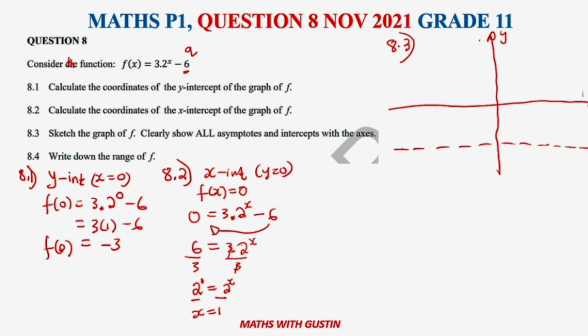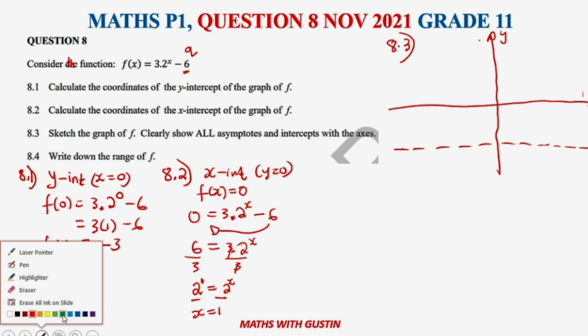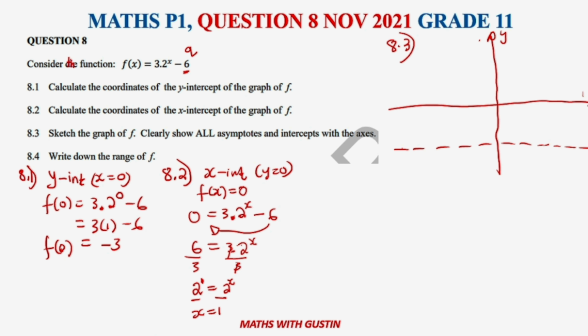Now we need a different color to show our x-intercept and the y-intercept and sketch the function. Our y-intercept is equal to minus 3, which is somewhere here halfway. And our x-intercept is equal to 1, which is there.